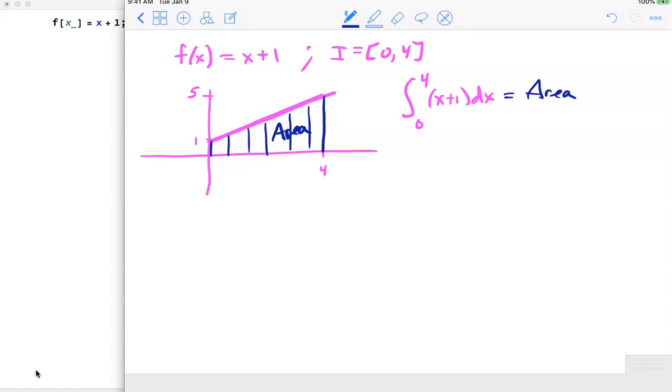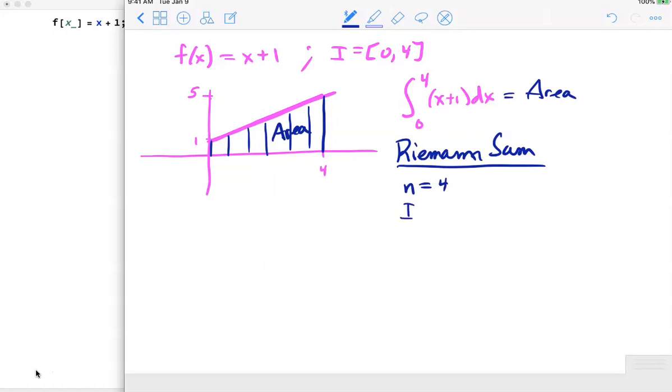The way the definite integral was introduced in Calculus 1 was through something called the Riemann sum. And it required that you split the region I up into a certain number of pieces. So I'm going to start with 4 rectangles.